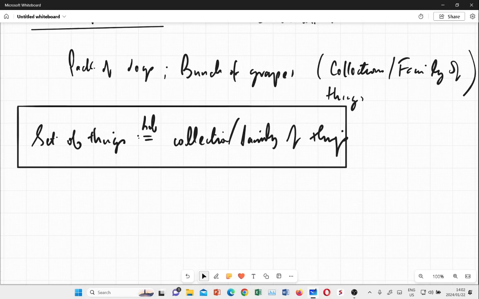And once you've got a family, one can also view it from the point of view of the thing in the family. So this brings us to the idea of belonging to, which in mathematics we denote by this epsilon symbol.